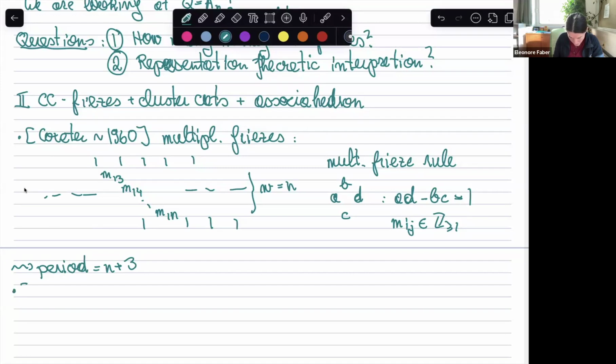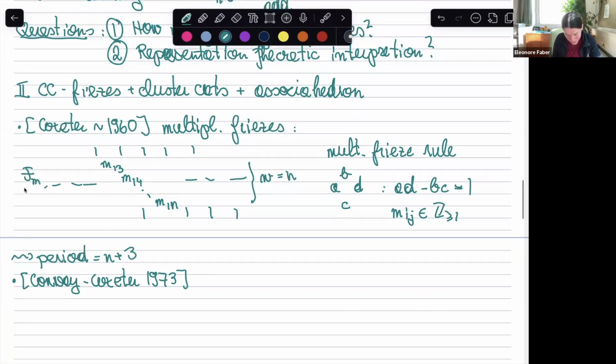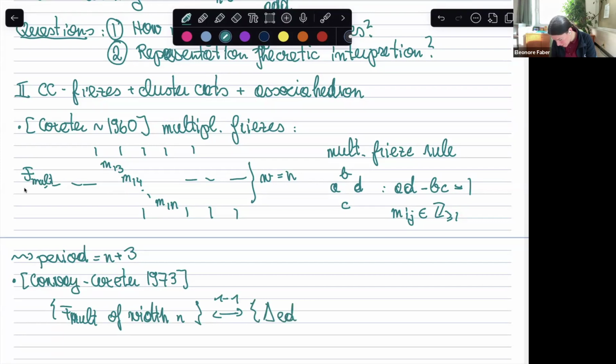And the big theorem, due to Conway and Coxeter from 1973, says that the set of multiplicative friezes, F_mult with width n, is in bijection to triangulated polygons with n plus 3 vertices.